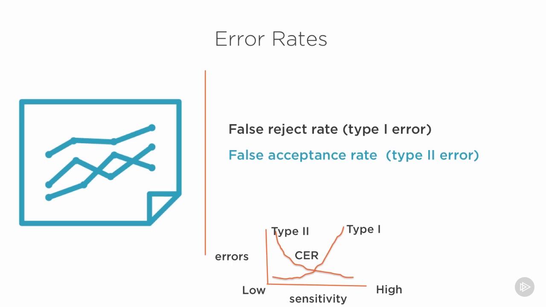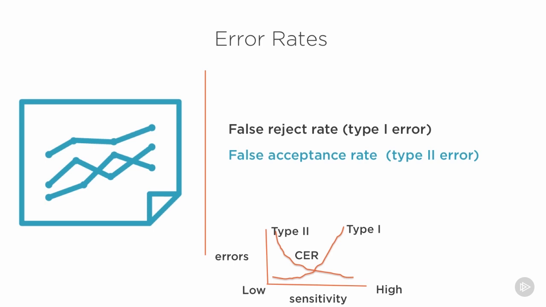We can adjust the sensitivity of a biometric device from a very low level of sensitivity, where everybody who should get in does, plus a lot of people who shouldn't, and increase that sensitivity to a much higher level, which means that people who should not get in will be kept out.